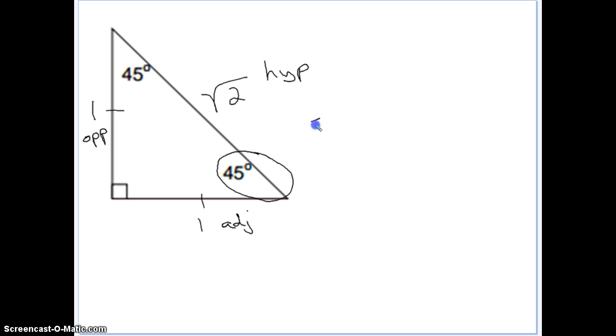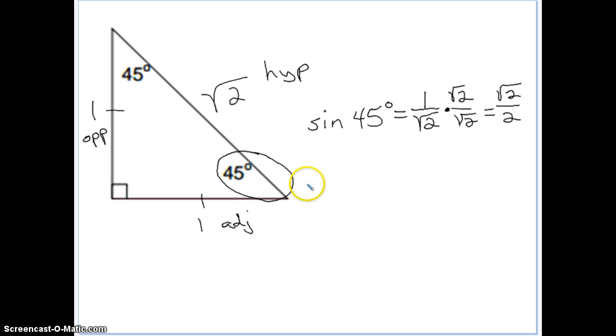So the sine of 45 degrees is going to be the opposite over the hypotenuse. 1 divided by the square root of 2, which when you put it in simplified radical form, is the square root of 2 over 2.